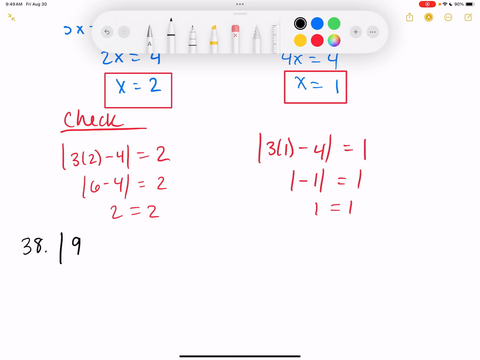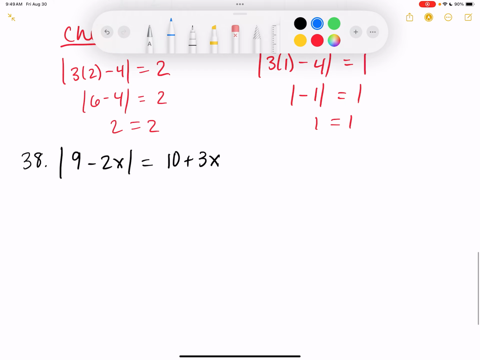Alright, absolute value of 9 minus 2x equals 10 plus 3x. Now, this one can tend to trick people sometimes. When we copy it down, that's self-explanatory.